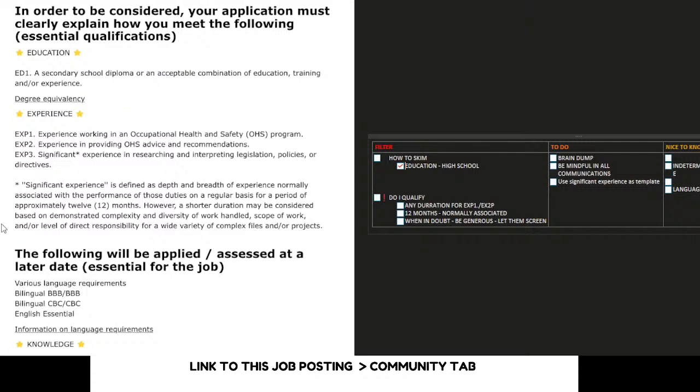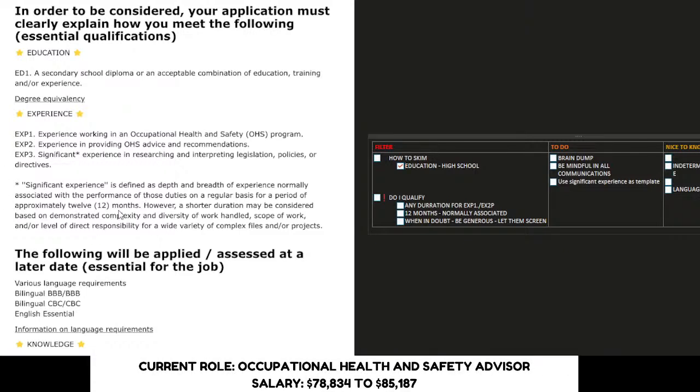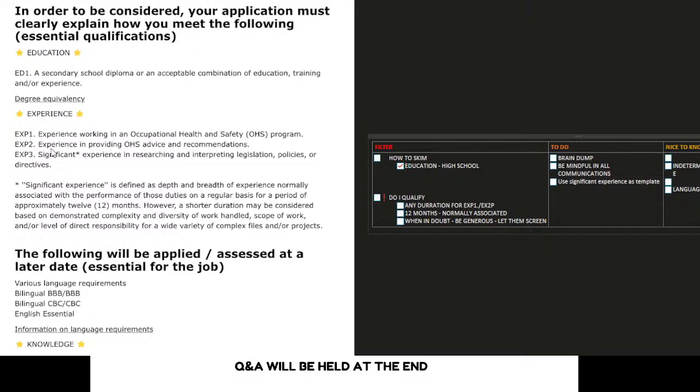I read that all out because I think it's really important that you pay attention to the wording. Now, right here, they make mention of 12 months. Even though that's mentioned, you don't actually need a full 12 months of experience for any of these 3 experience factors. Let me explain.